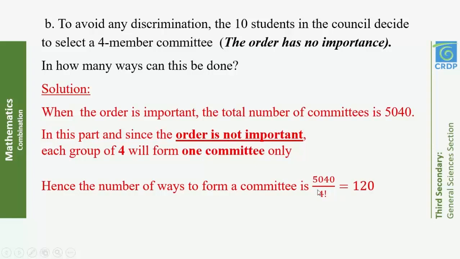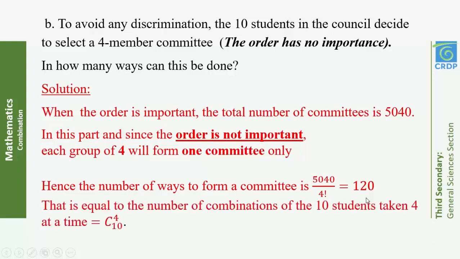I need to divide by the number of repetitions, which will give me 120 possible committees. This number is equal to the number of combinations of 10 students taken 4 at a time, so it's equal to C(10,4) because I'm selecting 4 students randomly without assigning any role for any of the students.